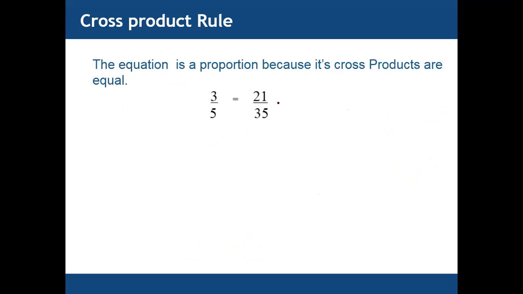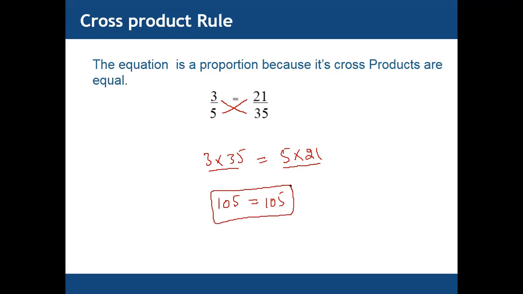Cross product rule means if you multiply crossly and the products are the same, then the proportion is correct. 3 multiplied by 35 equals 105, and 5 multiplied by 21 is also 105. In this way you can prove whether a proportion is correct or not.